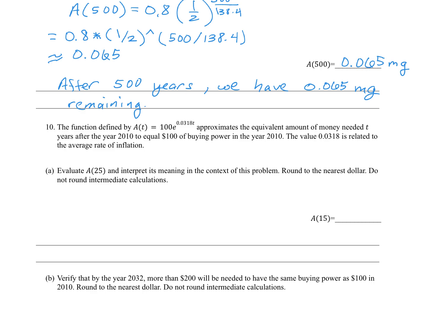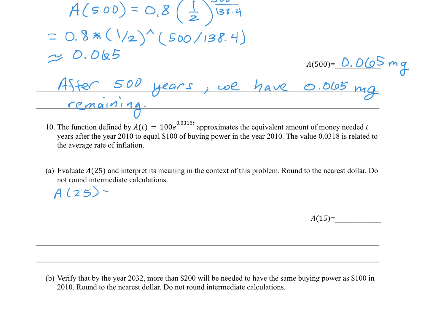It kind of depends on inflationary rates, and they always change all the time. But exponential functions are good for modeling such things. So in particular, they want us to use the function to predict or calculate A of 25, where 25 is the number of years since 2010.